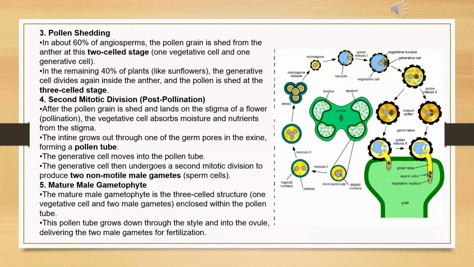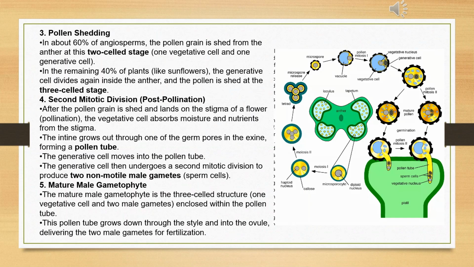The intine grows out through one of the germ pores in the exine, forming a pollen tube. The generative cell moves into the pollen tube. The generative cell then undergoes a second mitotic division to produce two non-motile male gametes, also called the sperm cells.